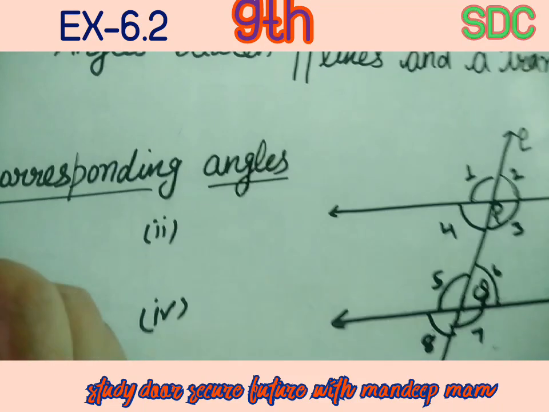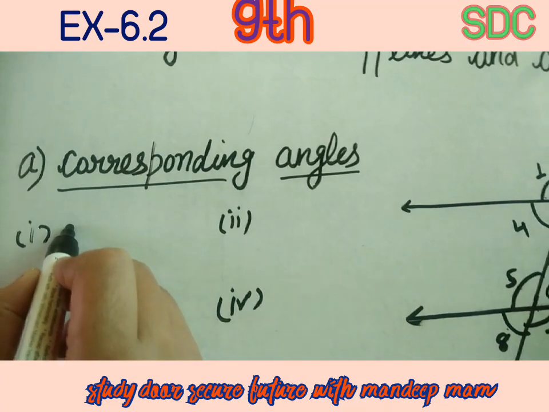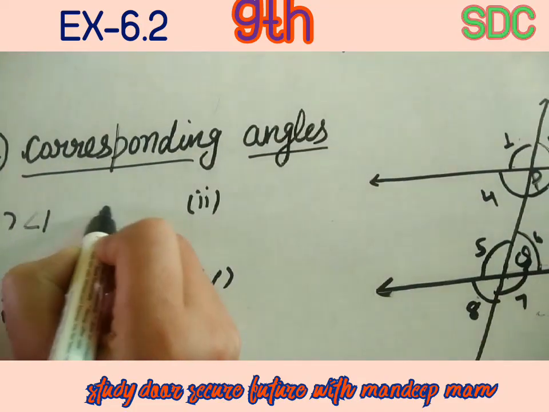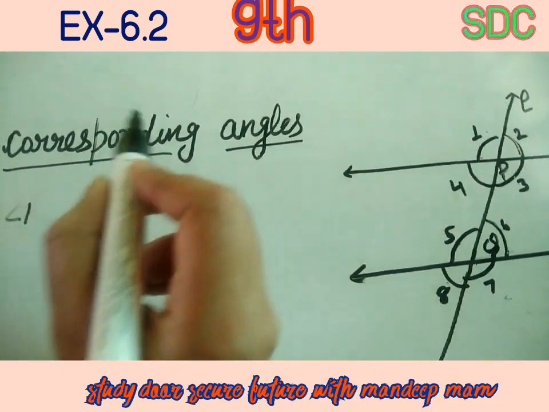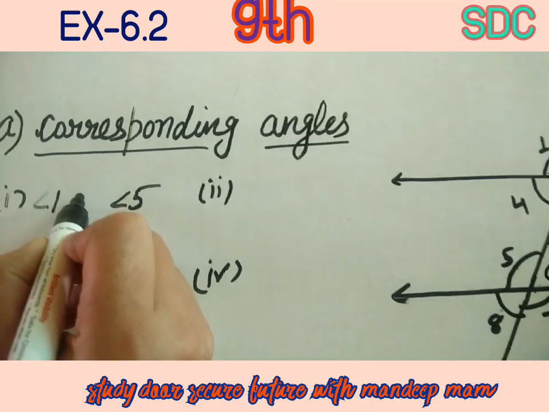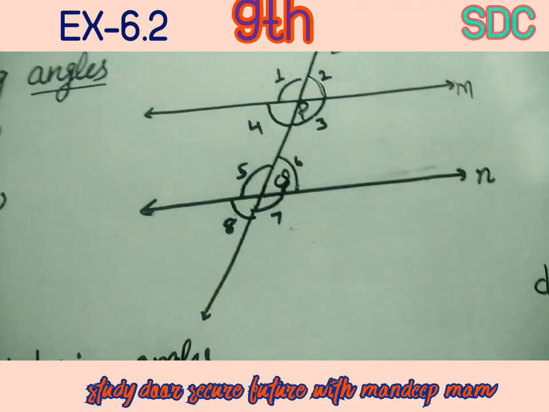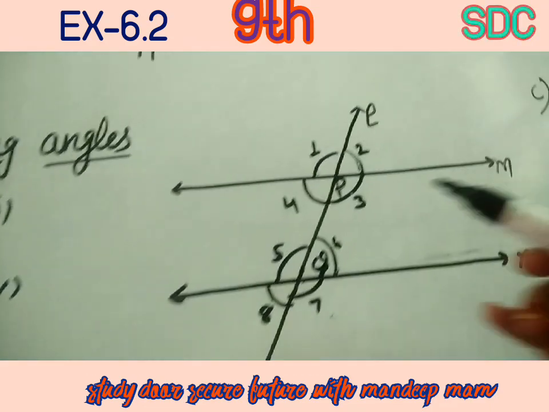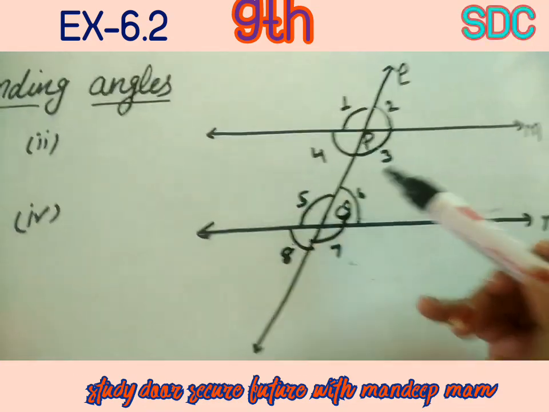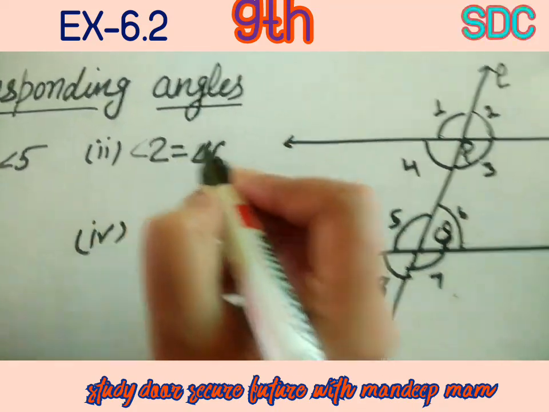Now write it. Our first corresponding pair is angle 1 and angle 5. When the lines are parallel, corresponding angles will be equal. Our second corresponding pair is angle 2 and angle 6, so angle 2 will be equal to angle 6.